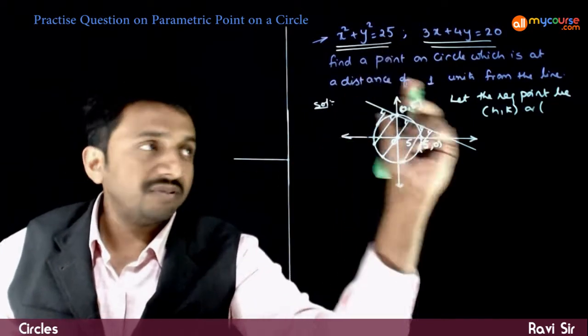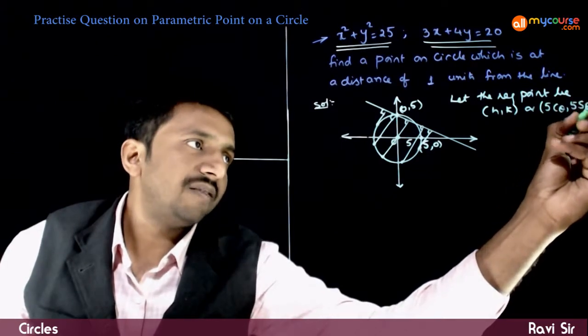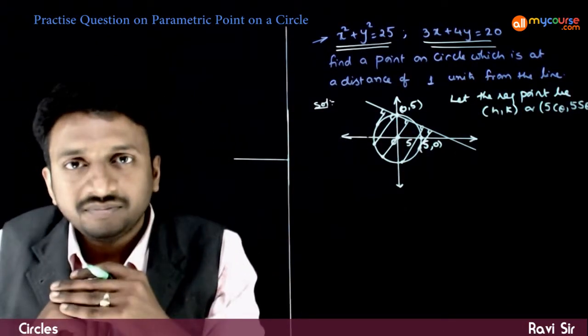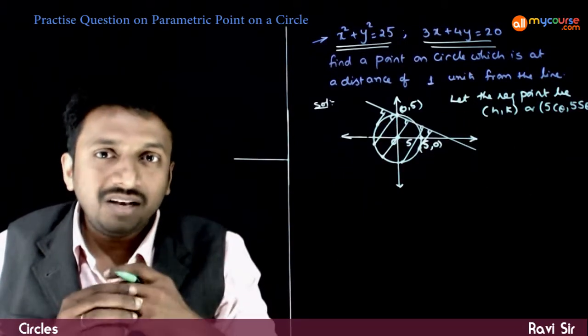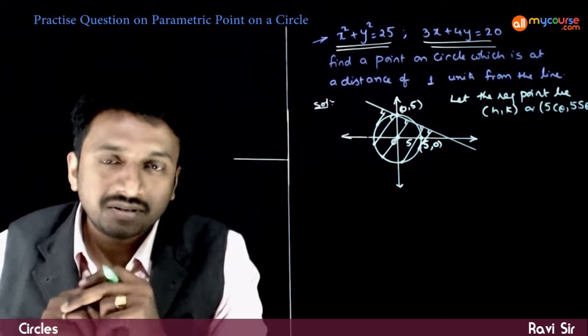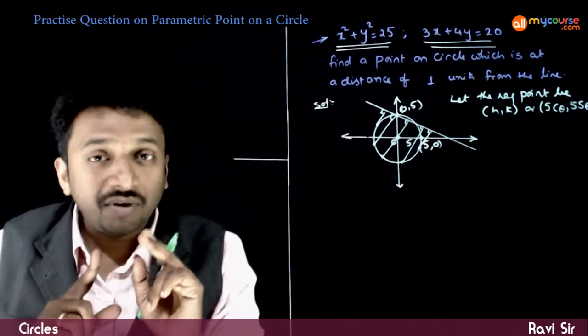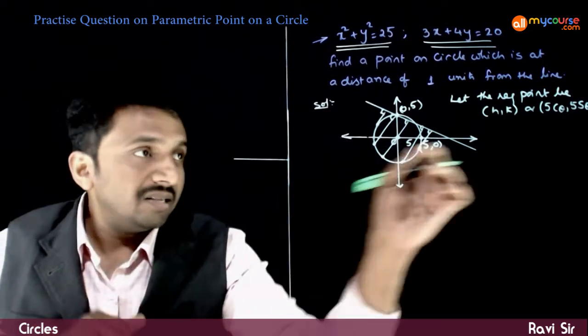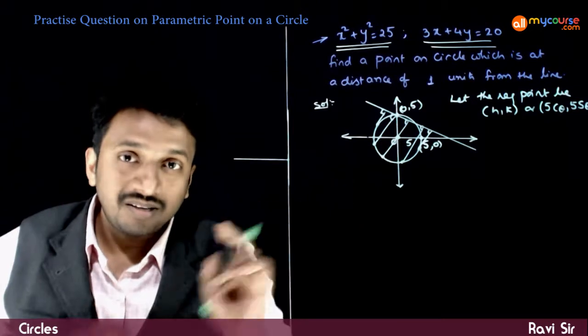R is 5, so 5 cos theta, 5 sin theta. Now if you use this point, you'll have to deal with equations in 2 variables. If you use this point, you'll have to deal with equations in 1 variable. So this is a 1 variable question, this will become a 2 variable question.